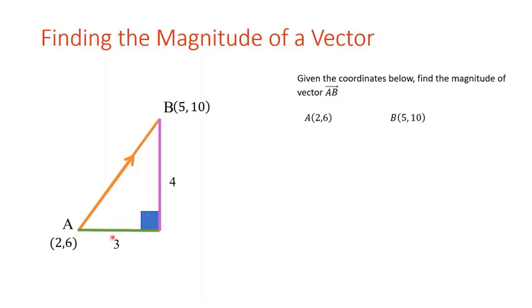Simply, to get this horizontal distance, I would subtract 2 from 5. And to get this vertical distance, I would subtract 6 from 10. So I would suppose that you have something set up like this, where you would get the length of AB to be 5.